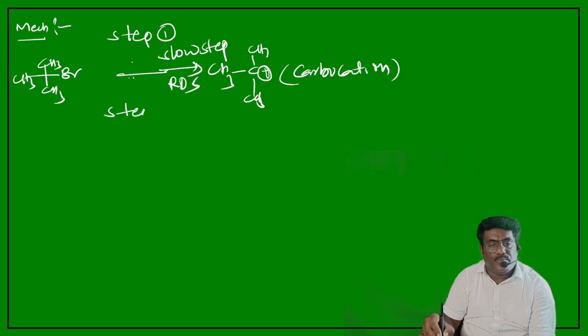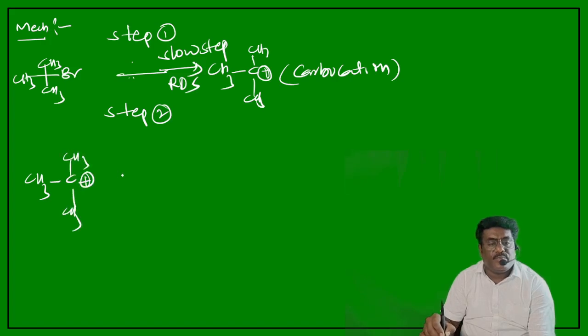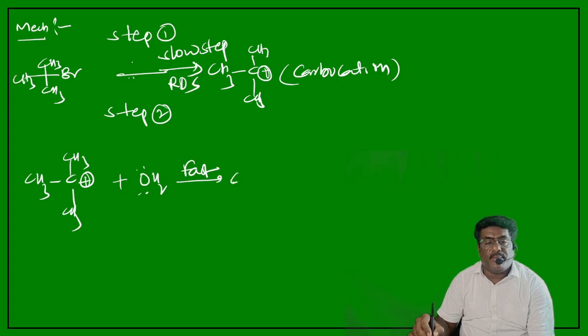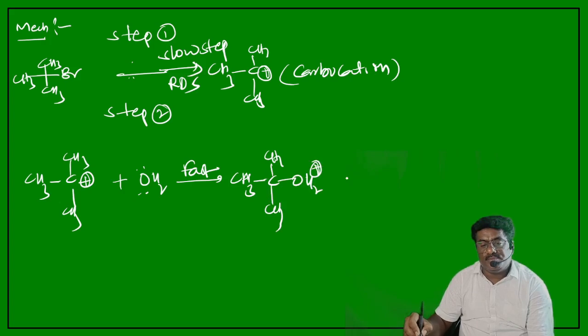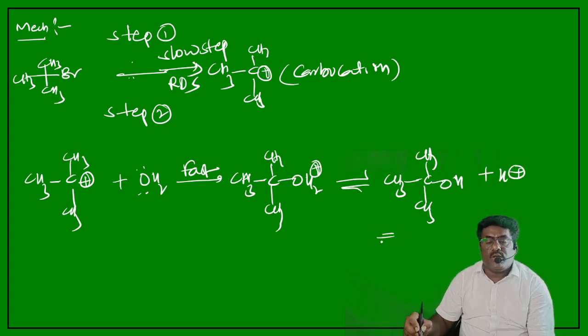Step 2: this tertiary butyl carbocation in presence of H2O is a fast reaction, to form (CH3)3C-OH2 plus. Yes, it loses H plus to give (CH3)3COH, tertiary butanol. Yes, this is our required product.